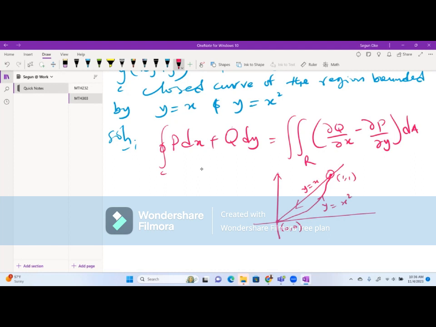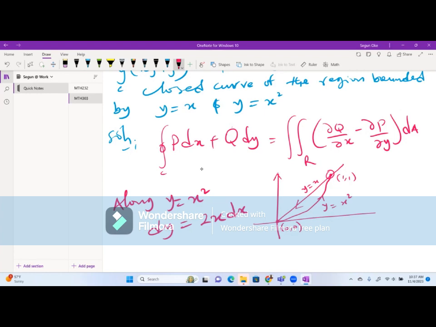Now, along y equals x squared, what is our dy? Our dy will be what? 2x dx. That means we differentiate x squared. What do you have?